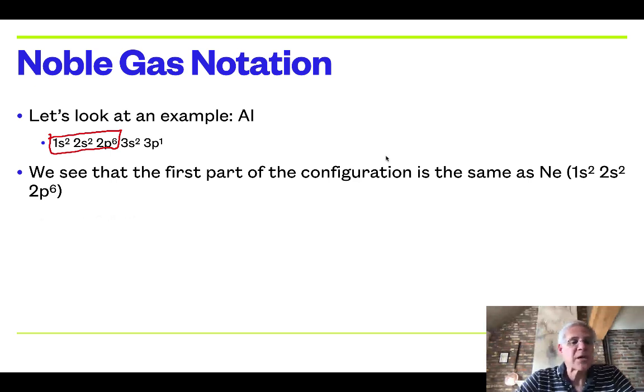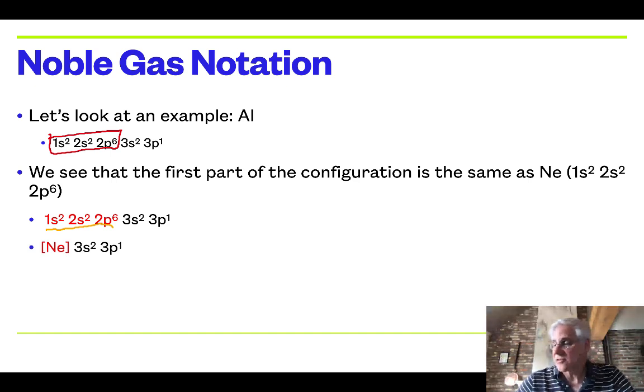And so sometimes, especially for larger atoms, we use something called noble gas notation, where we replace this portion of an electron configuration with just the noble gas atomic symbol. So we would write something like this: Ne, neon in brackets, and then 3s2, 3p1. We would say this is the same as neon, and this is the rest of what I have in there.